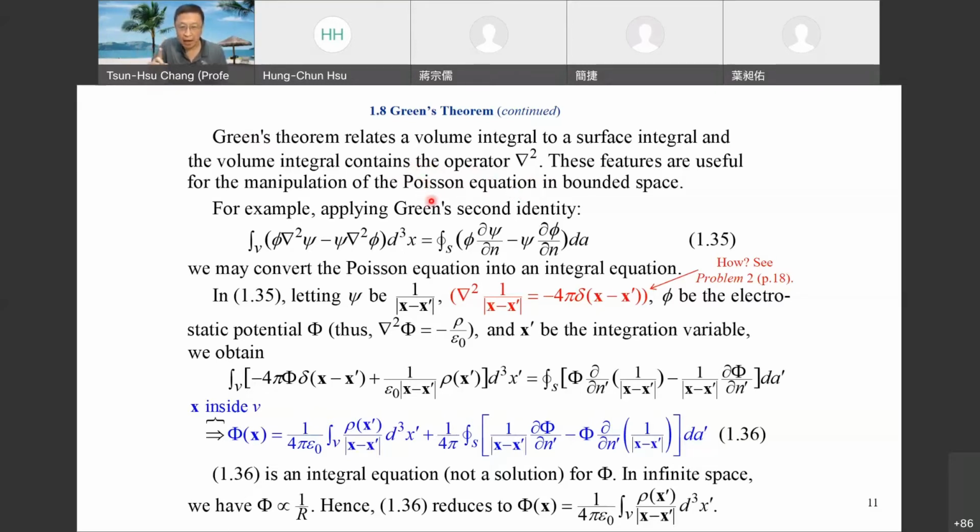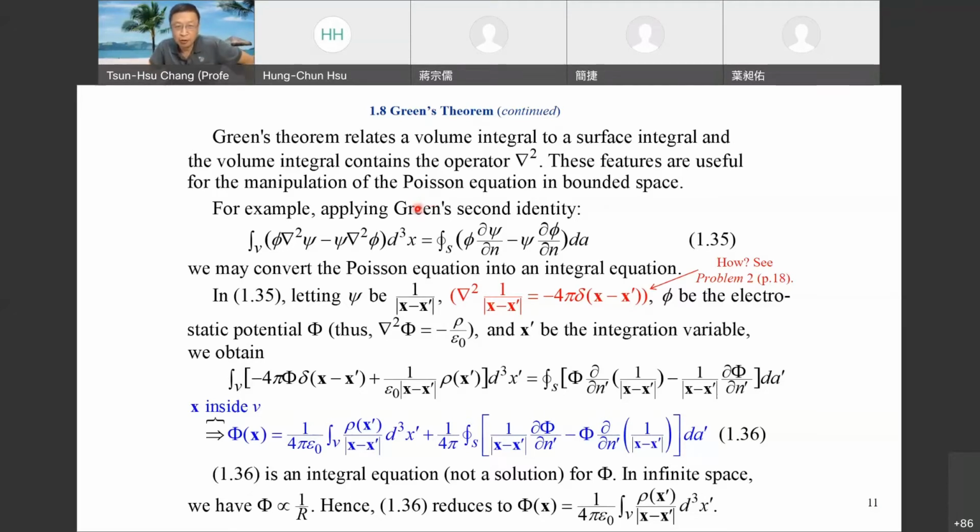We are going to solve Poisson's equation with finite boundary, not infinite space, finite space. So we are going to deal with a much more difficult problem. Actually, the problem is simple, but the solution is quite difficult.